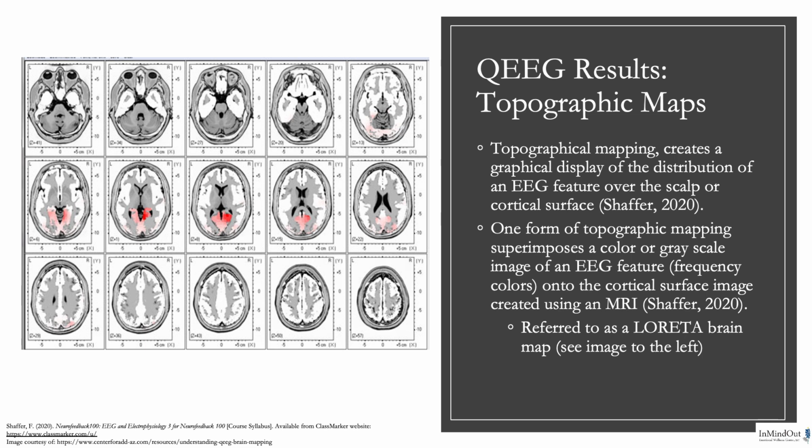So now that takes us to topographical mapping that uses the Loreta technology. These images are not the person's actual brain. They are the person's activity superimposed on an MRI-like picture, so that it's easier to understand where this activity is taking place.